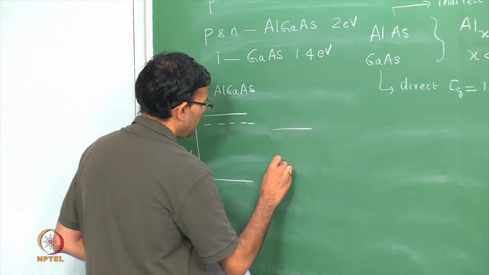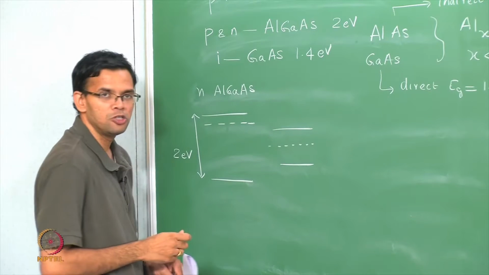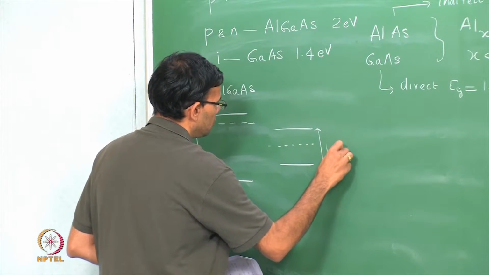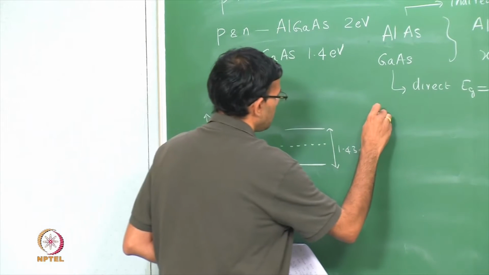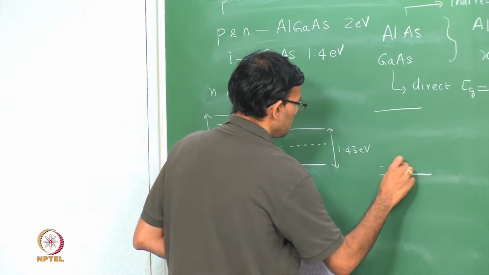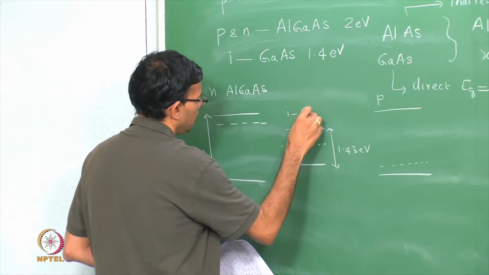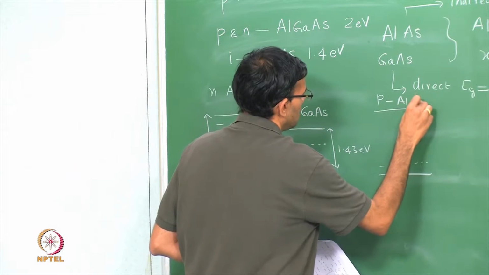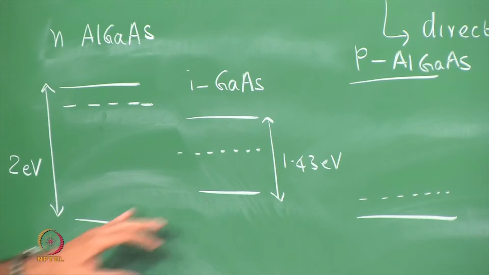So, either way the band gap is smaller and the Fermi level is close to the center of the gap. And then finally, I have P type AlGaAs. So, this is intrinsic gallium arsenide, this is P AlGaAs. So, now we form a junction.